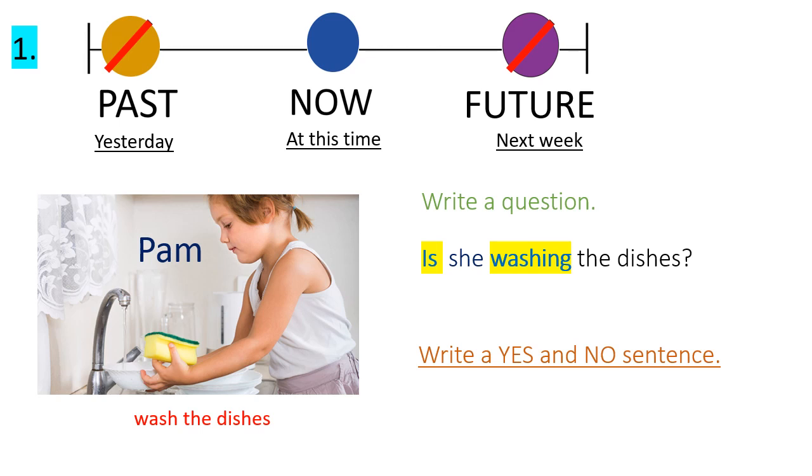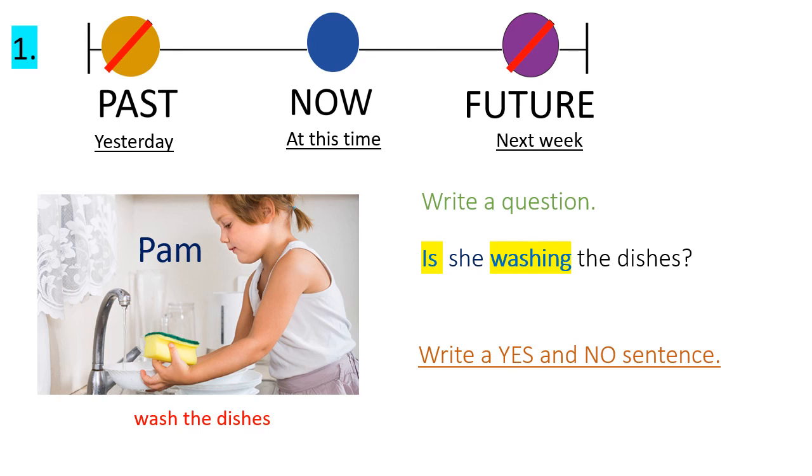So I need to write a now question. I need to write a now question about Pam. And I need to write about this action. It says wash the dishes. So I wrote, is she washing the dishes? So when I say is, I'm talking about she, Pam.